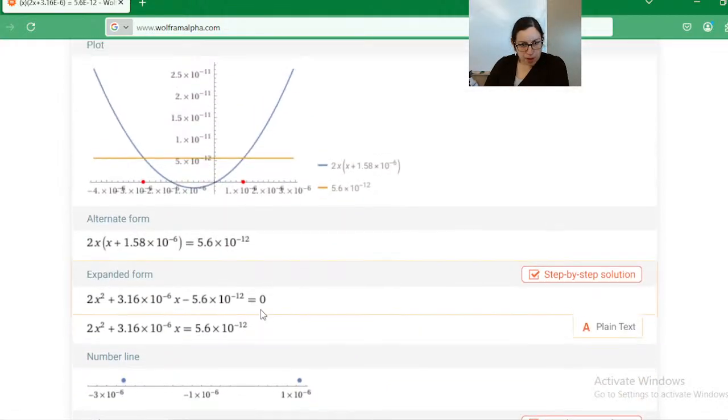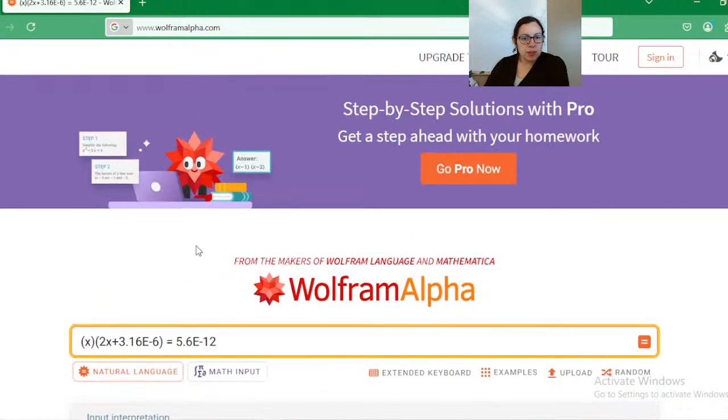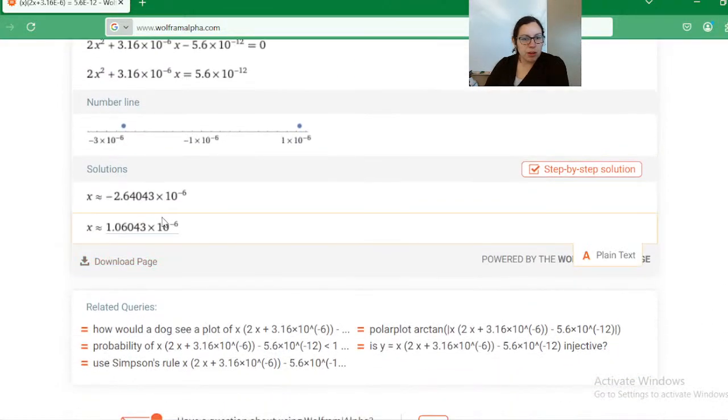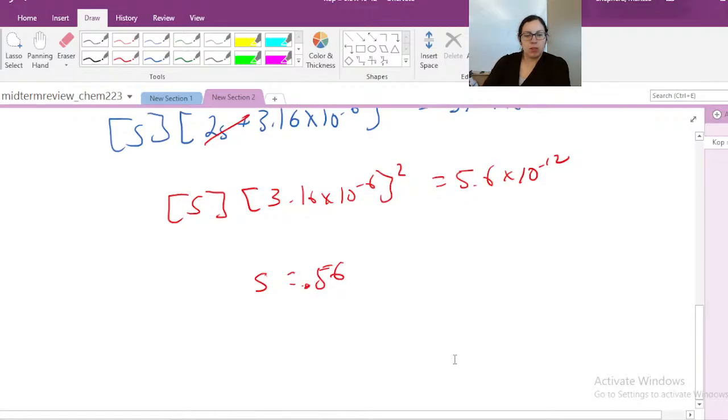Yeah, so apparently we actually couldn't make an assumption for that, so just plugging into a calculator, I'm getting a different answer. So let's check that. So x is 1.06. So, oops, our assumption was probably wrong.